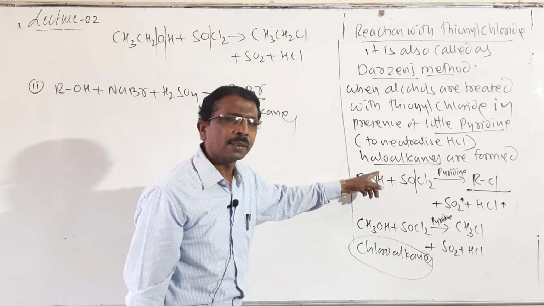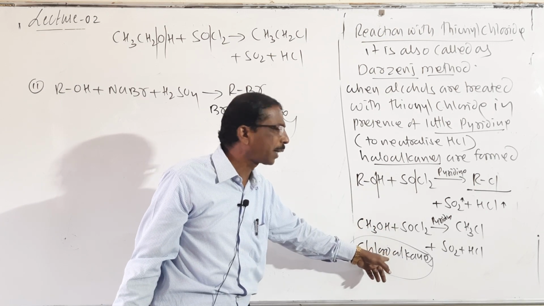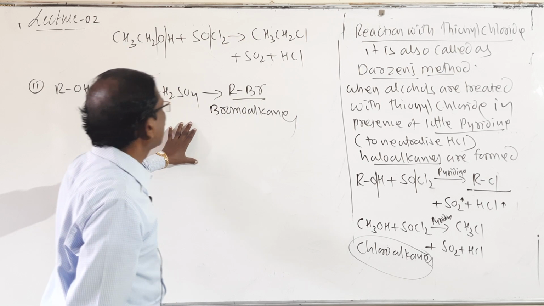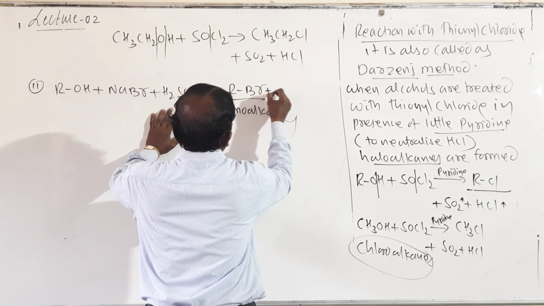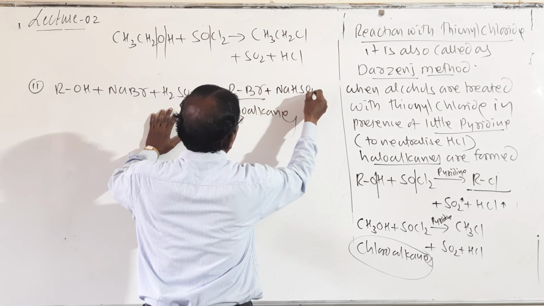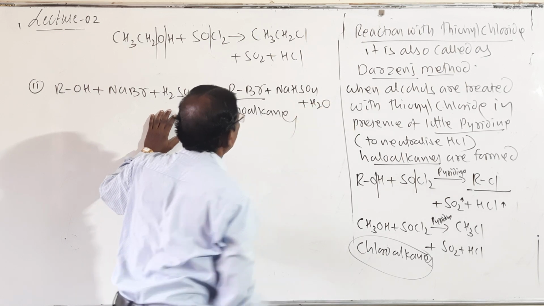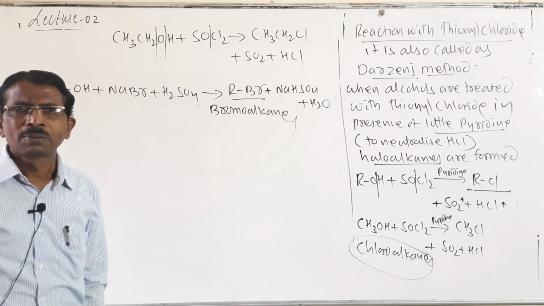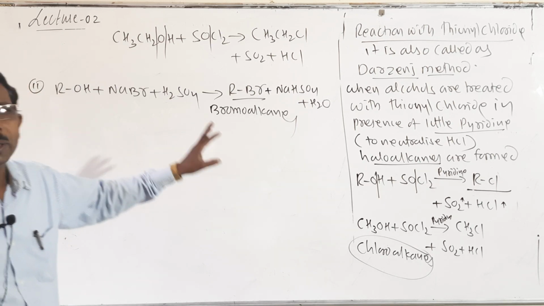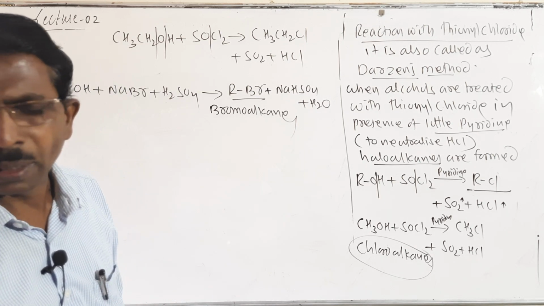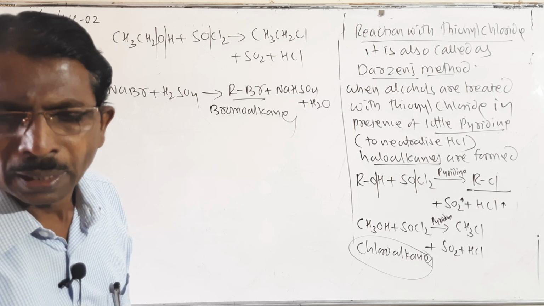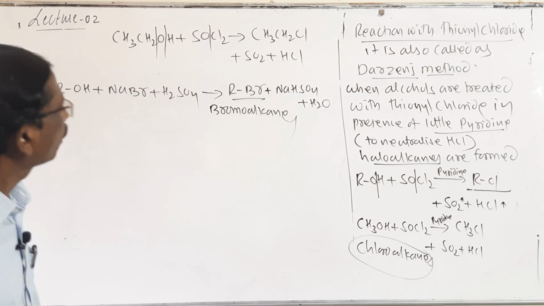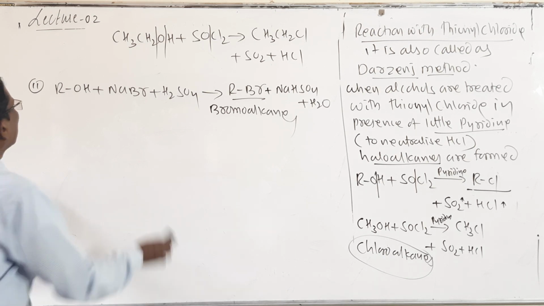Generally we write haloalkanes, but the actual product formed is bromoalkane, RBr, plus NaHSO4 plus H2O. Here it is treated with a salt. Then students, another one is from alkanes. I will write here.